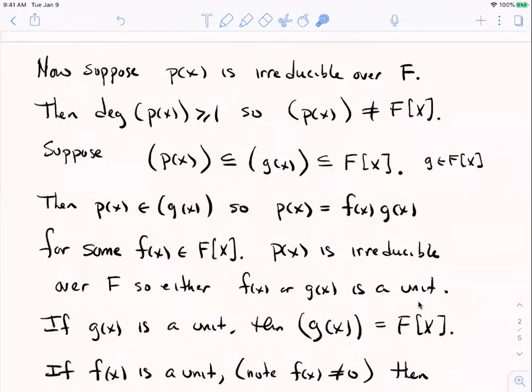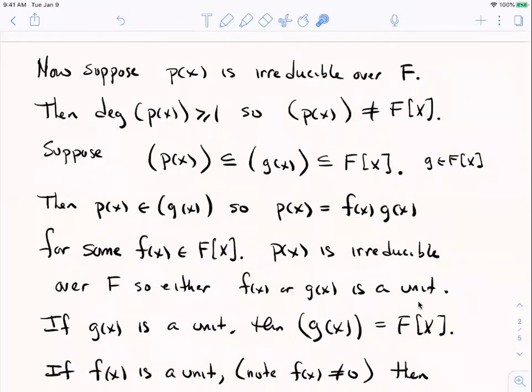Cool. Okay, so suppose that we have this chain of ideals. Well, since P belongs to the ideal generated by it, it must belong to the ideal generated by G. So P must be some polynomial multiple of G, called the multiplier F. All right? But P is an irreducible polynomial over our field F. So one of these two factors, little f or little g, has to be a unit.